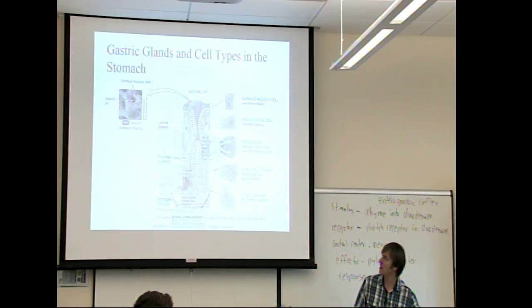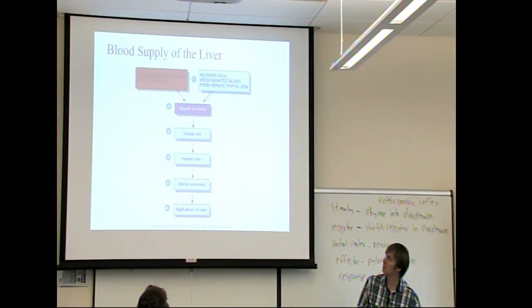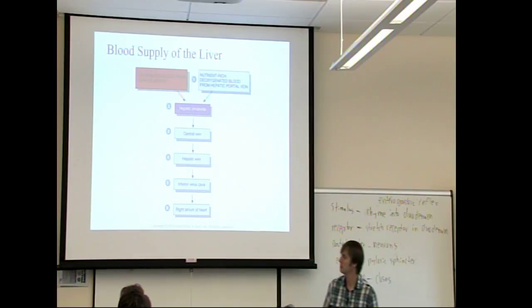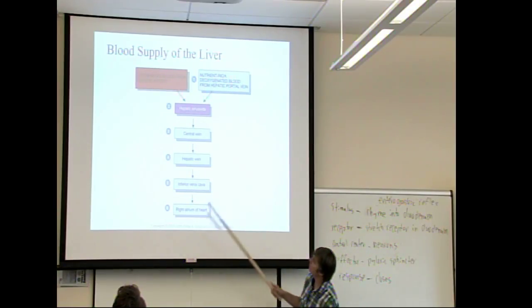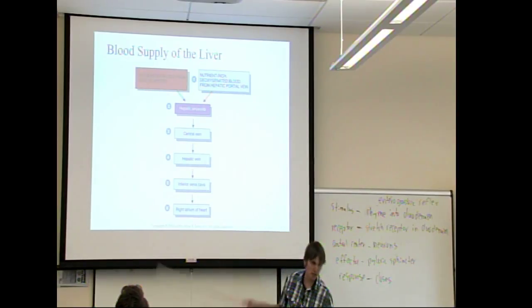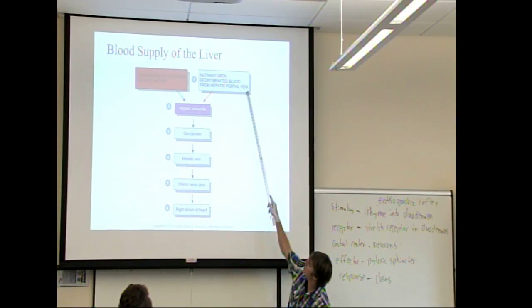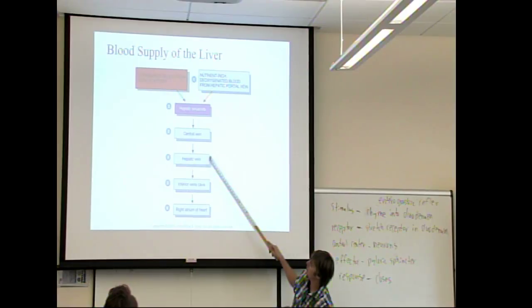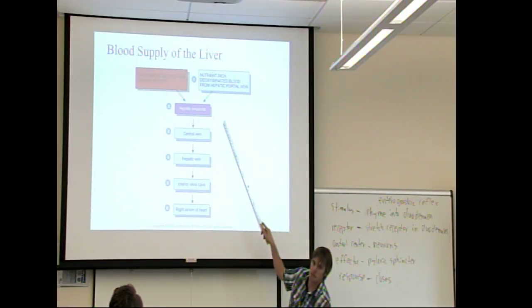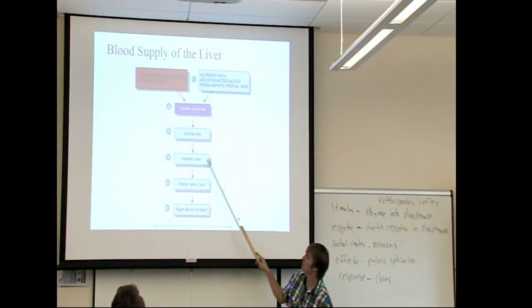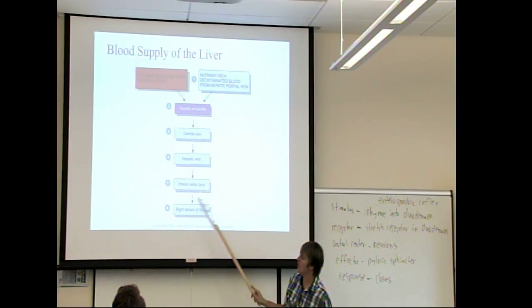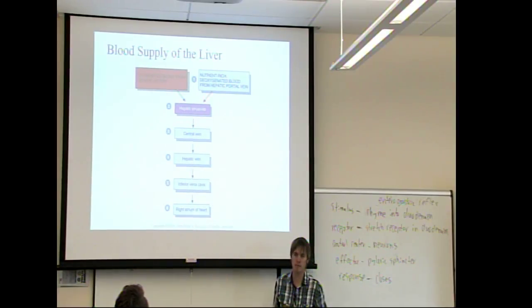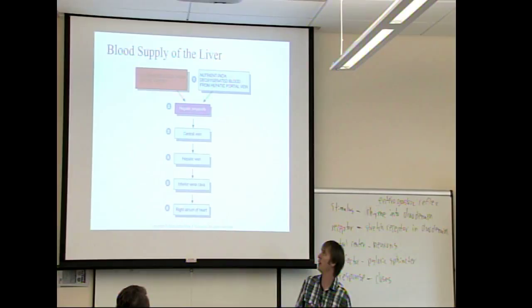So the path, that is this one. Anything you absorb goes through the portal vein to the liver, basically. And then it goes to the vena cava, to the right atrium. You probably don't need to know all those.